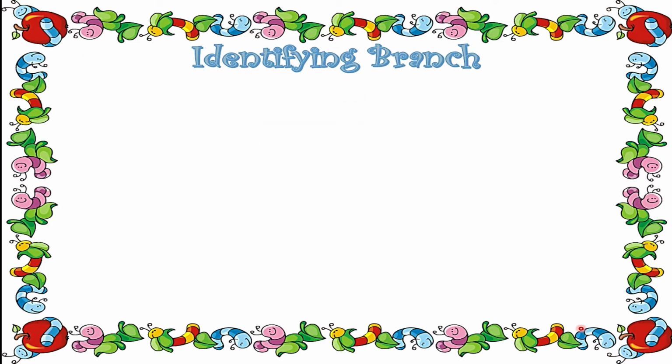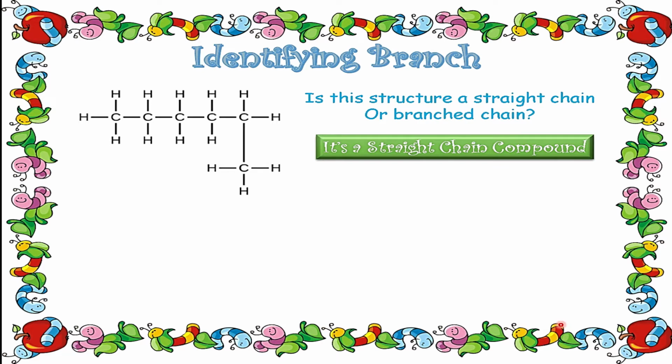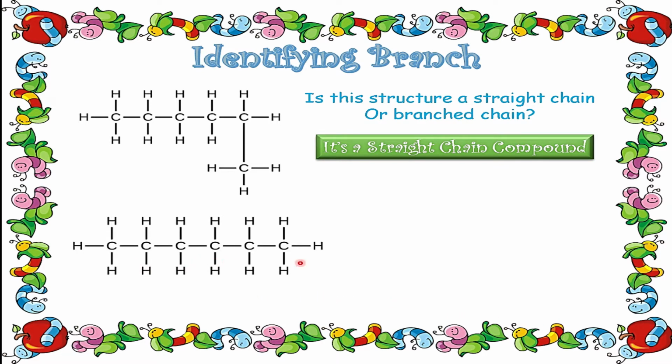Now I'll tell you how to identify whether any structure is branch chain or straight chain. Is this structure a straight chain or branch chain? What do you think? It is a straight chain compound because it is similar to this compound. From this corner carbon we have turned the structure in this shape, so it is considered a straight chain compound.